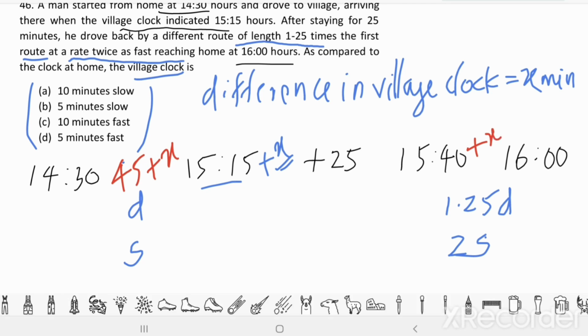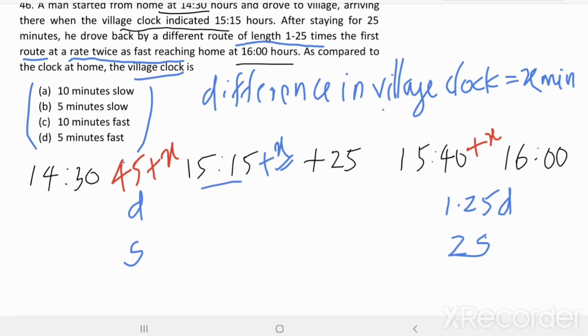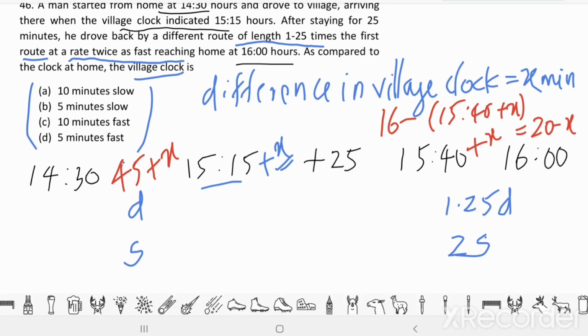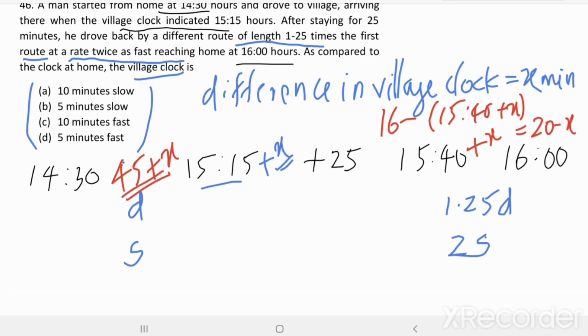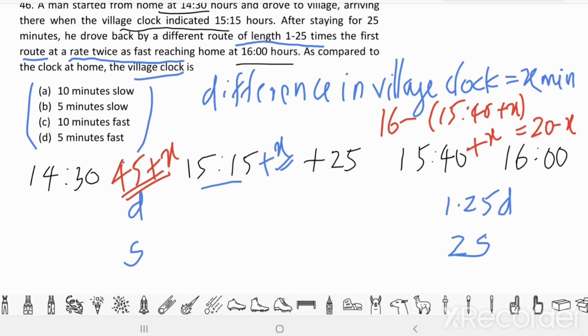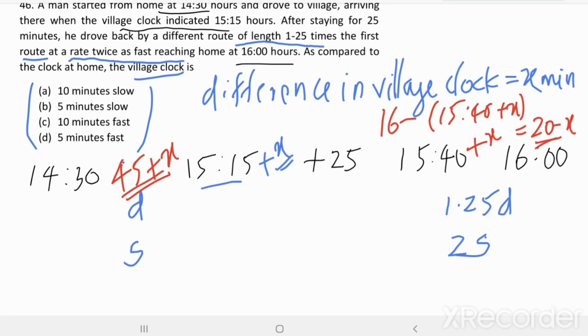Then the time taken by him to reach home equals 16 minus 15:40 hours plus x minutes, which is 20 minus x minutes. Now we have both the times, the time taken to reach the village and the time taken to reach back home.